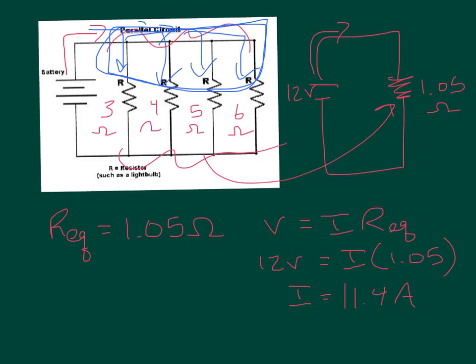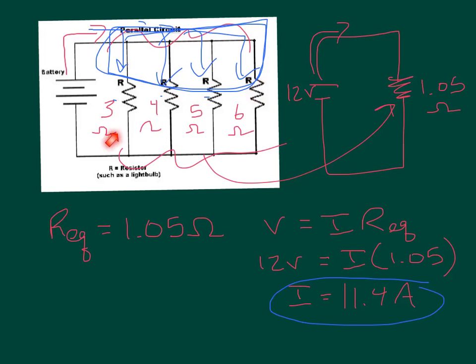But all of those currents are going to add up to the current from the battery, because that's a property of a parallel circuit, that your voltages are the same. So if this is a 12-volt battery, it's 12 volts, 12 volts, 12 volts, 12 volts. These were all 12 volts.